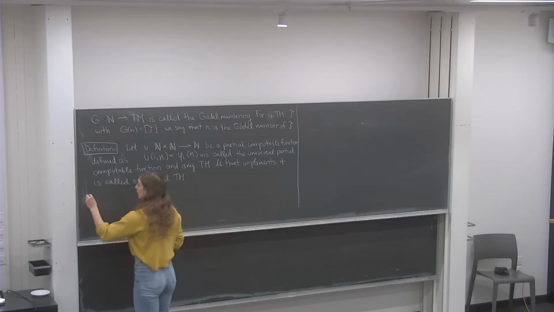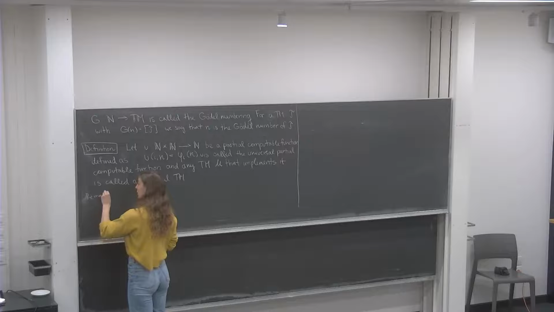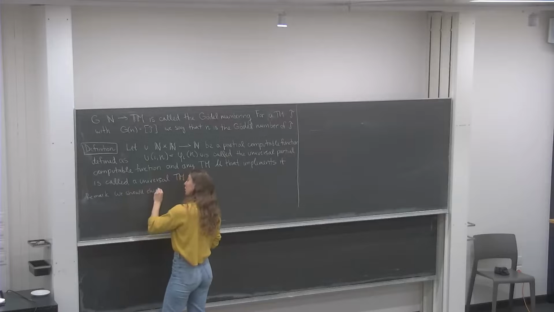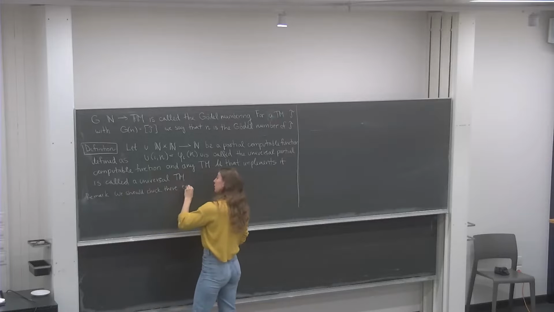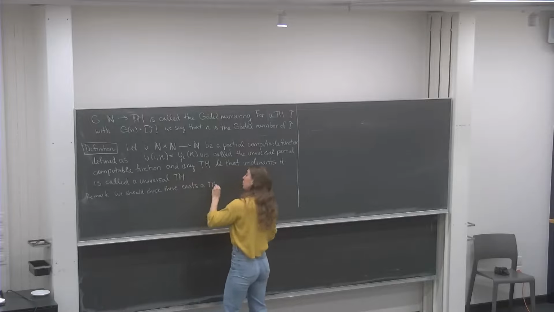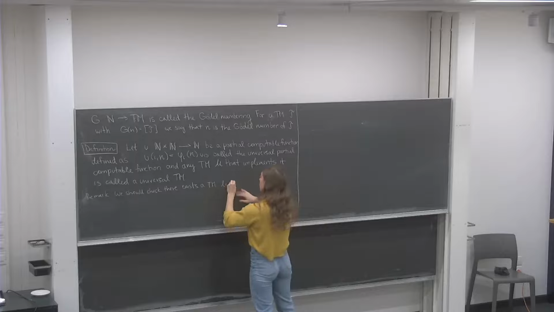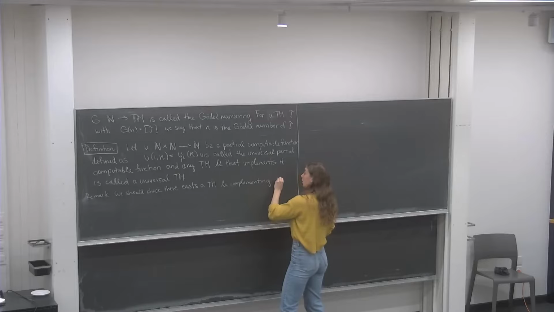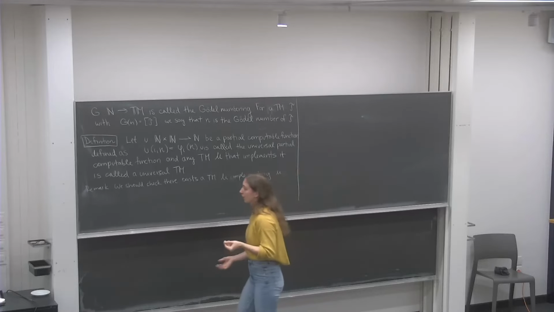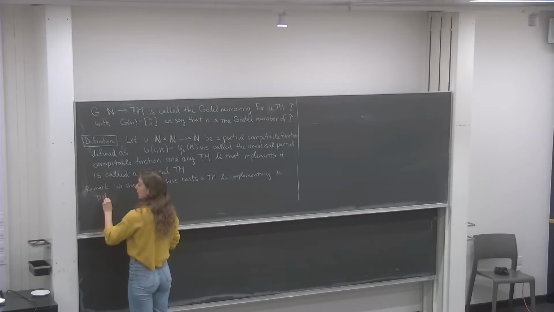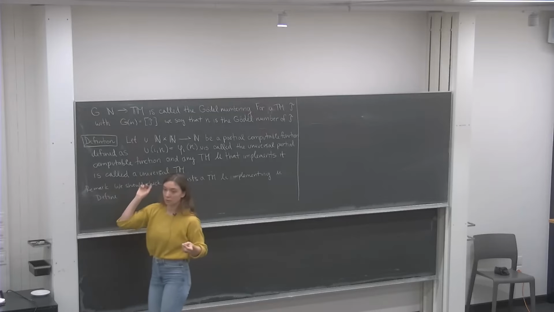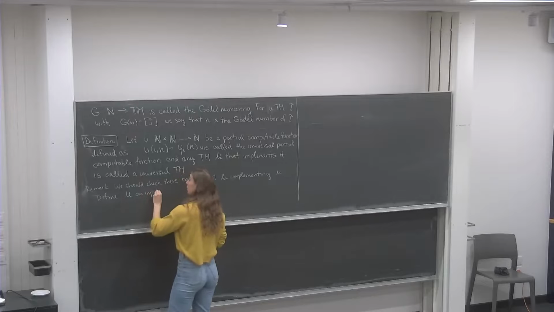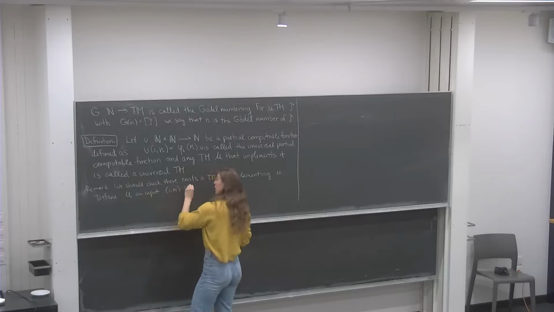So technically, we should check there exists a Turing machine U, at least one, implementing the function U. But that should be clear thanks to the work we just did. So define U on input i, n as follows.